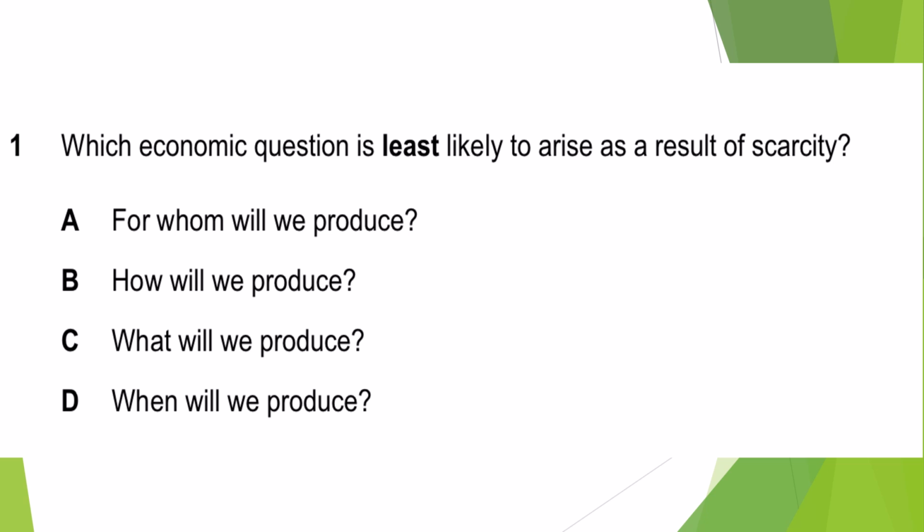It means A, B, and C. These are the options which we know the economy is concerned about, these three questions. But when to produce, we haven't discussed anything about this. So that is the least likely to arise as a result of scarcity. So answer D would be the correct answer.